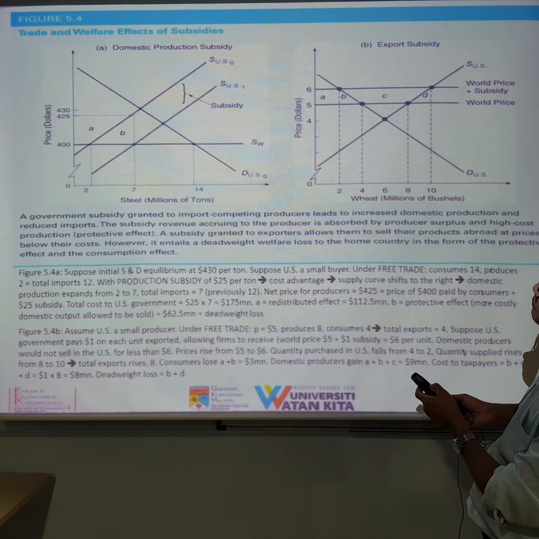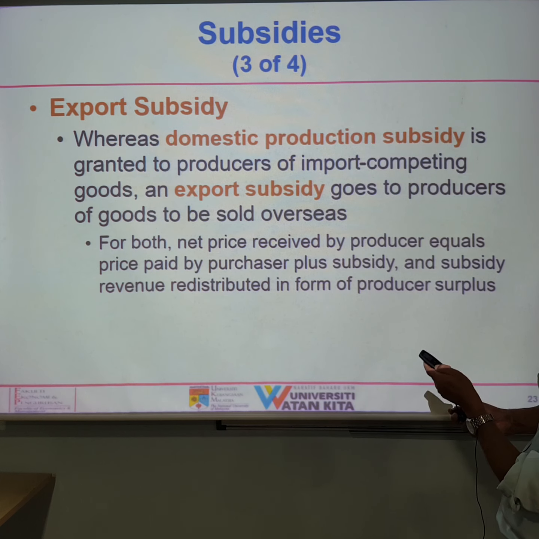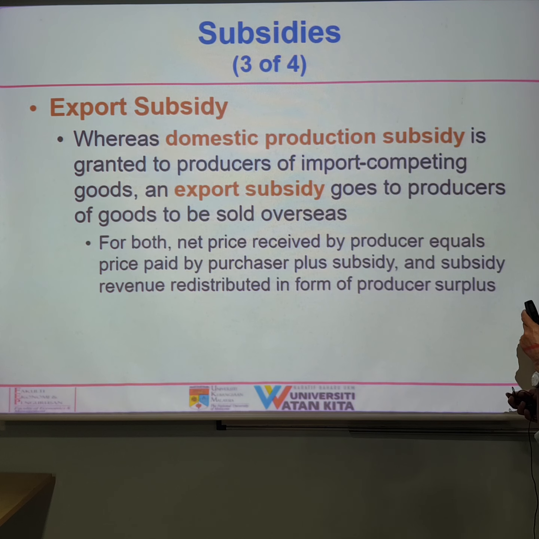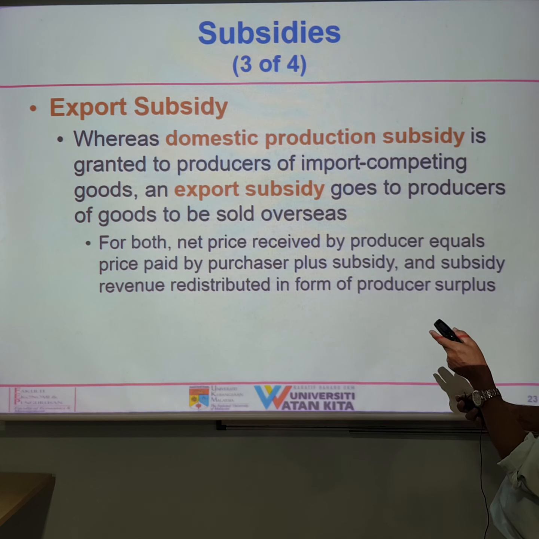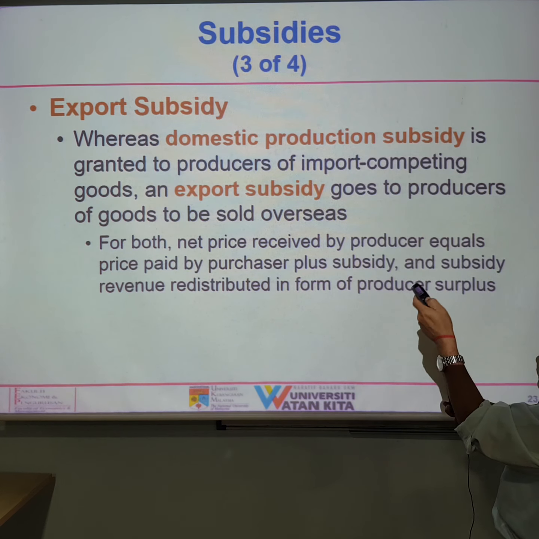So next, this is still subsidy, just notation from that. Whereas domestic production subsidy is granted to producers, we've done this, both are granted to producers. Previously, domestic production subsidy, the notes, and this is export subsidy. Let me read, I hope I don't miss anything.